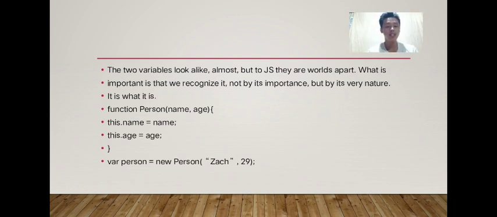So function Person(name, age), this.name is equal to name and this.age is equal to age.